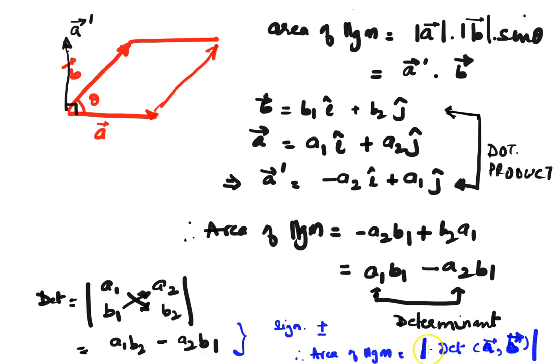Important concepts: do remember how the determinant is calculated in two-dimensional space, and that the determinant represents the area of this parallelogram. In the next video, we will take these concepts into three-dimensional space, and then subsequently we will move on to define the cross product. Great.